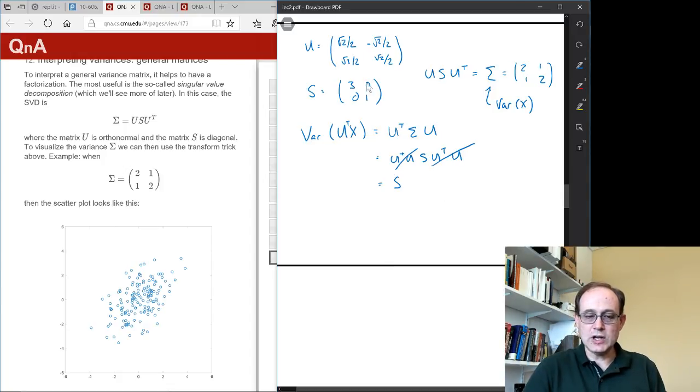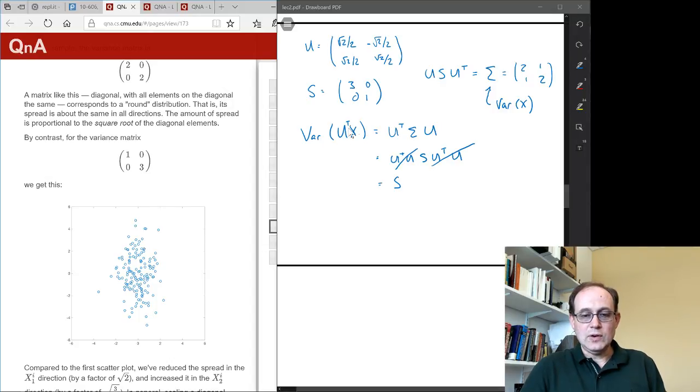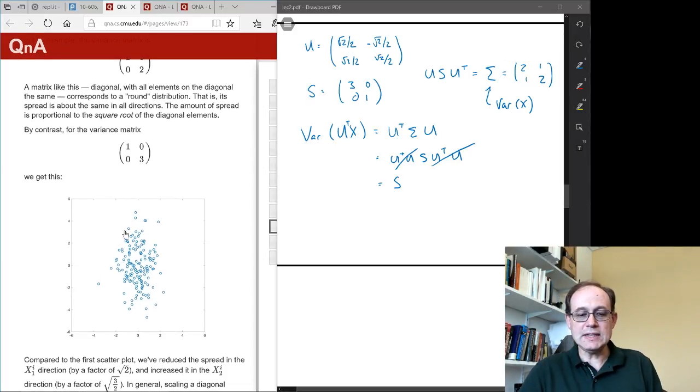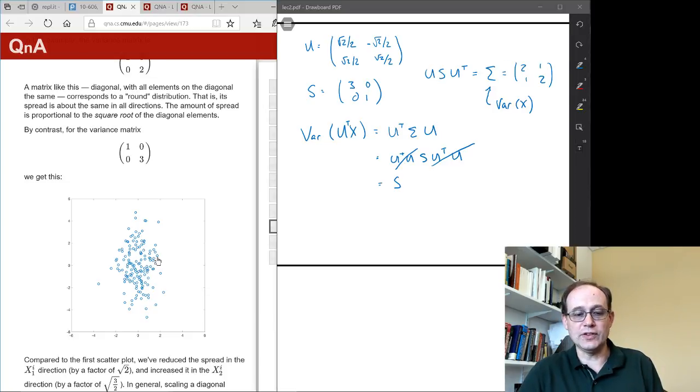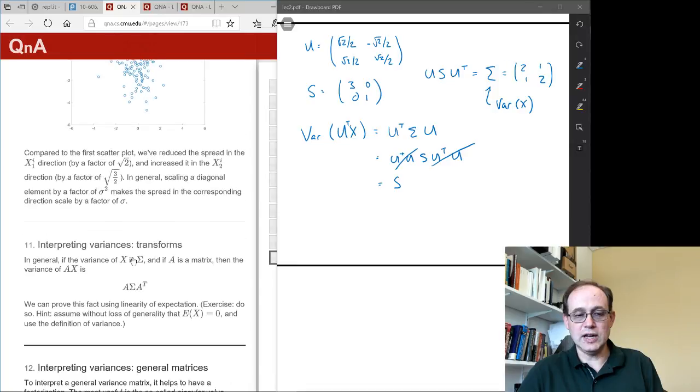And that's nice because we already know what the scatter plot of that looks like, right? We had that right here. And so how is U transpose X related to X? Well, orthogonal matrices can do things like rotate or flip, but they don't change lengths or angles. And so what that means is that the variance of U transpose X is a rotated or possibly flipped version of the variance of X. And so if you look at X here, it looks like if you rotate it about 45 degrees counterclockwise, which turns out to be basically what U transpose is going to do here, you'll get this plot, right?